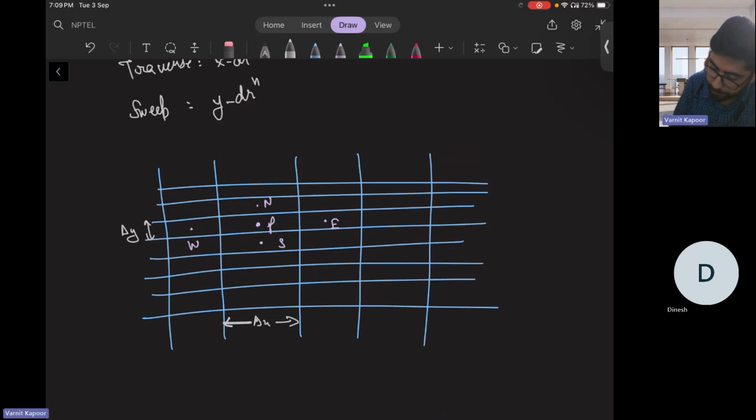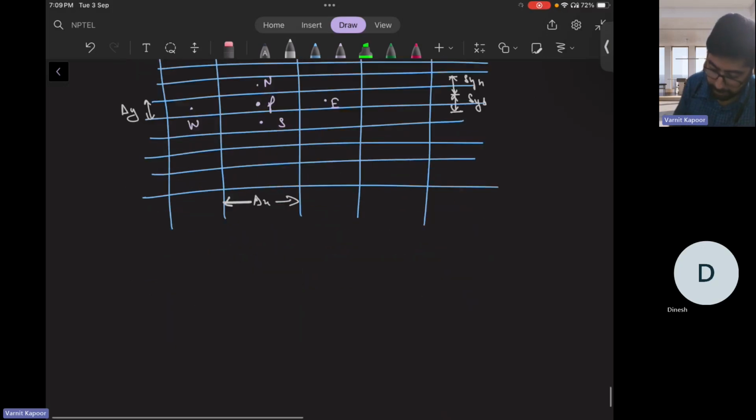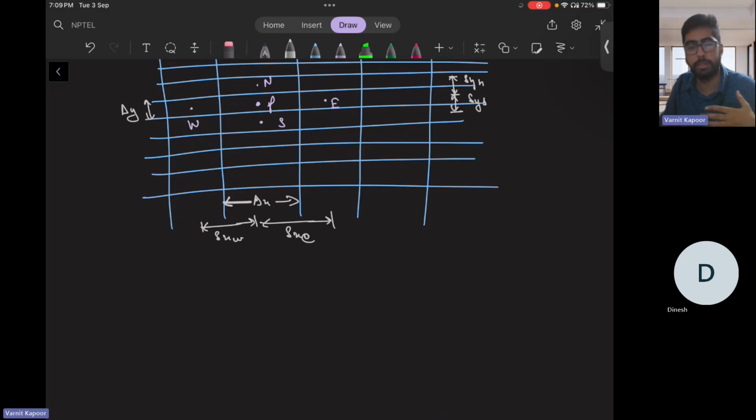This will be del Y south, and this will be del Y north. We have seen all these geometries in our previous tutorials, so please don't get confused. This will be del X west, and this will be del X east. So you see, X dimensions are quite large.